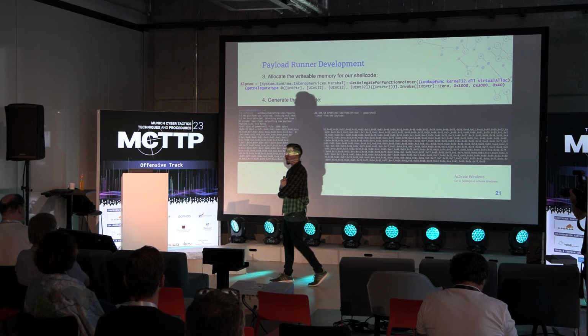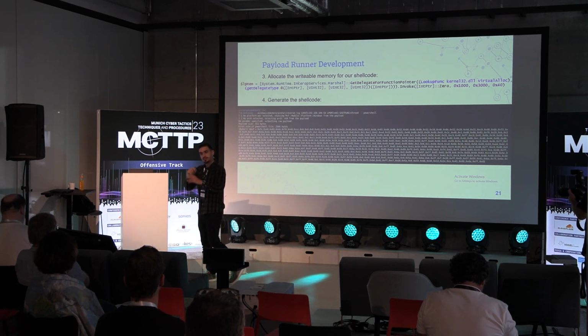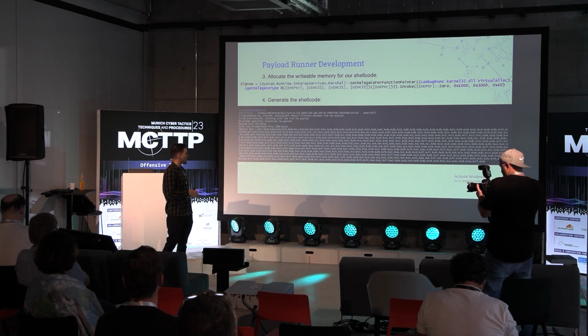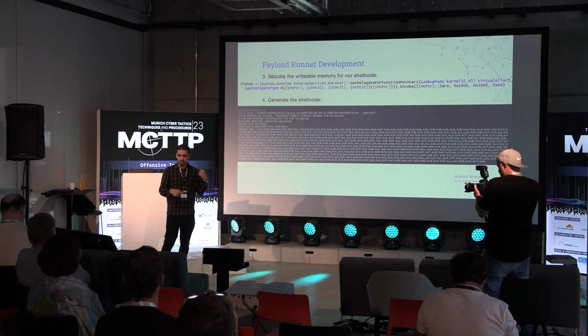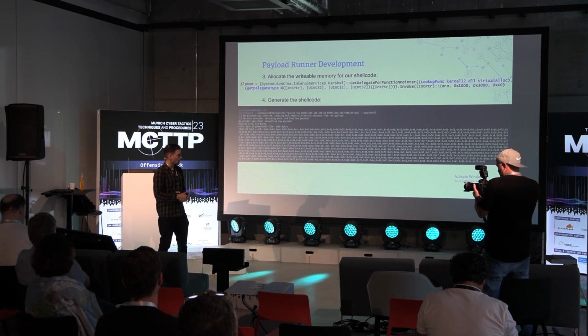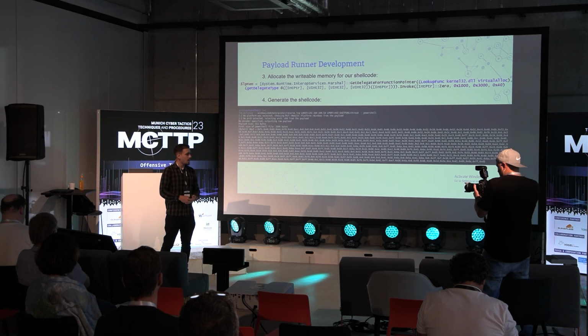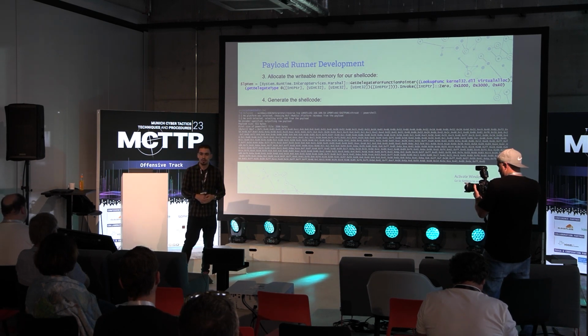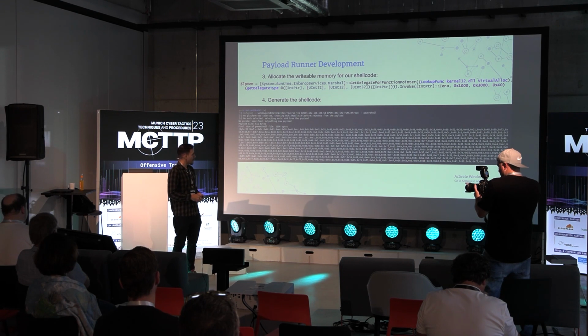Then we basically need a memory space within our victim memory to allocate for our shellcode, because the attacker's objective is to gain initial access into the organization. Here we use VirtualAlloc to allocate the actual memory space for our shellcode.